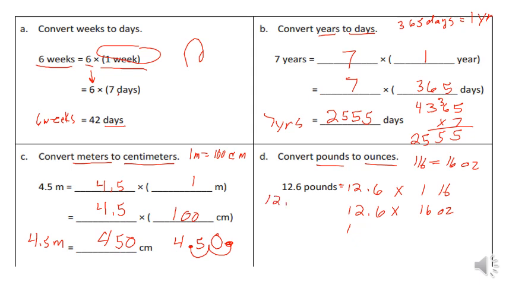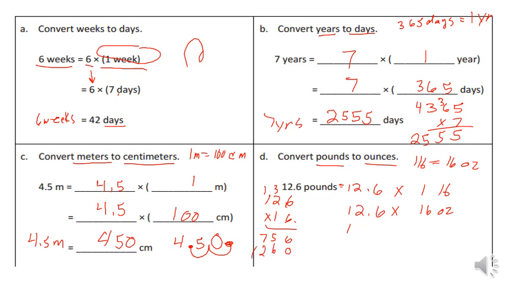So now the problem is actually 126 times 16. 6 times 6 is 36. 6 times 2 is 12, and 3 is 15. 6 times 1 is 6, and 1 is 7.